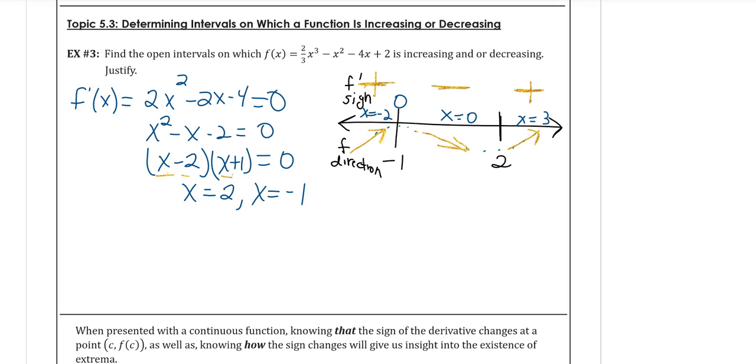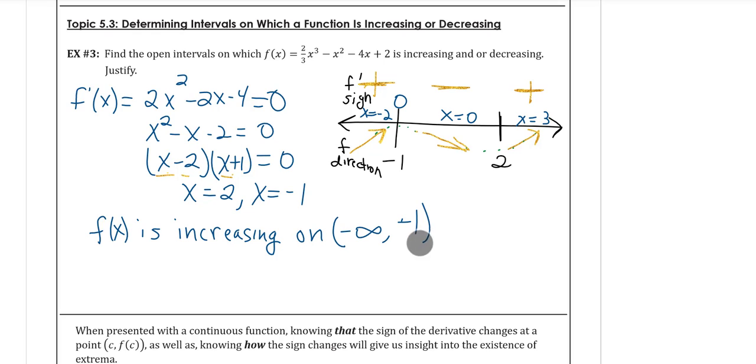I'm kind of going ahead because we haven't talked about the relative mins or maxes, but you can see how, especially with this continuous function, we are going to have a relative max at -1 and a relative min at 2. But this problem is just asking for the intervals. So what we can say is that f of x is increasing on -infinity to -1, and also from 2 to infinity, because f prime of x is greater than 0.